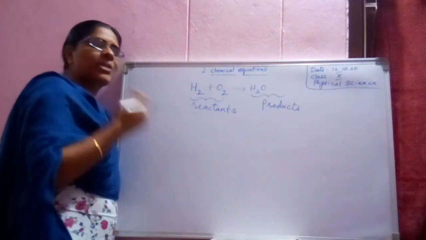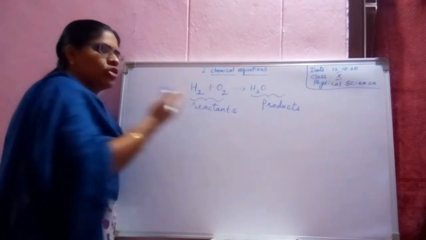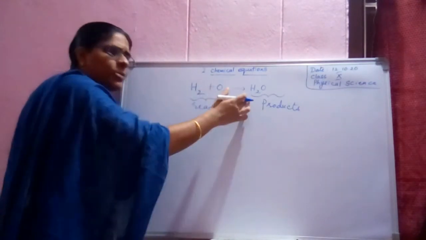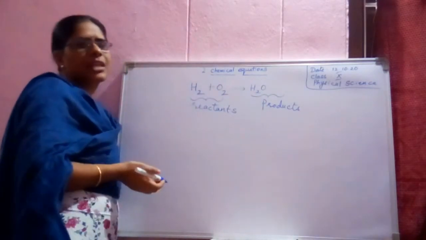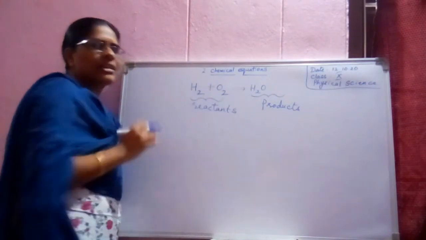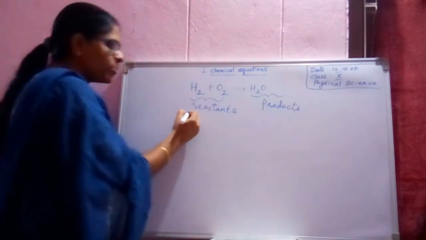Here, there may be any number of reactants, and you may get a single product or more than a single product. It is not necessary that you get only a single product. You can get so many products also.